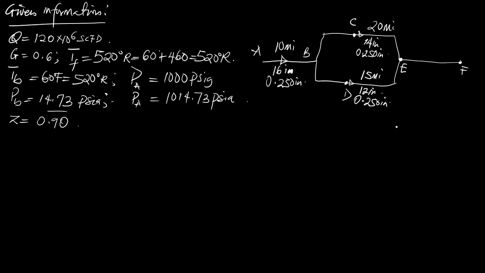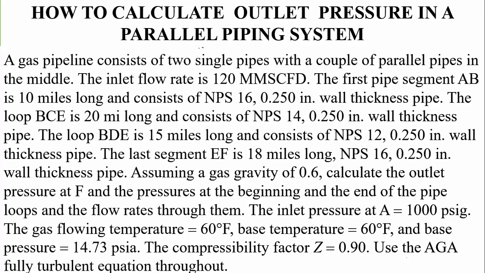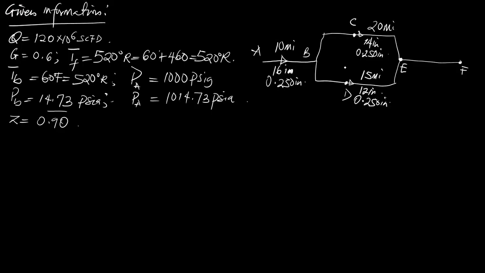Now let's go back. This other one, EF, is 18 miles, and the nominal pipe size of 16 inches, and you have 0.250 inches. Now this is the way it flows.